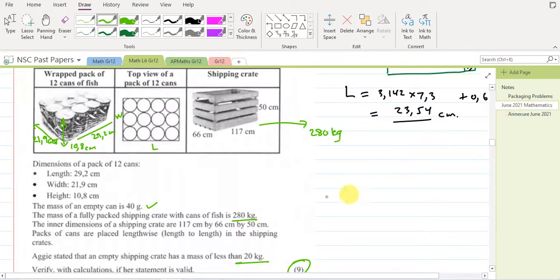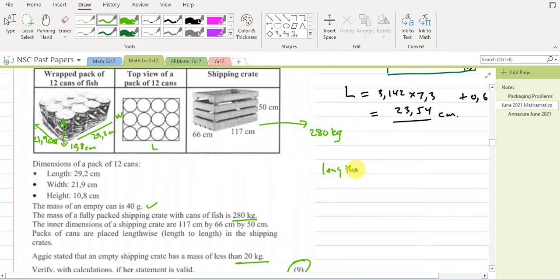Now going back to our question, how do we solve this problem? First we need to see how many packs can go inside the crate, and what's the weight? So first let's work out how many packs can be fitted inside the crate.